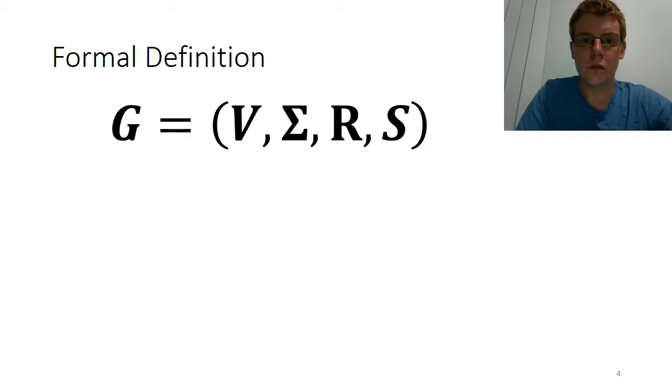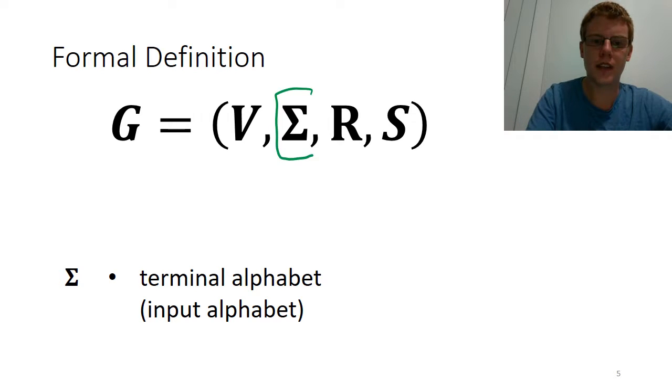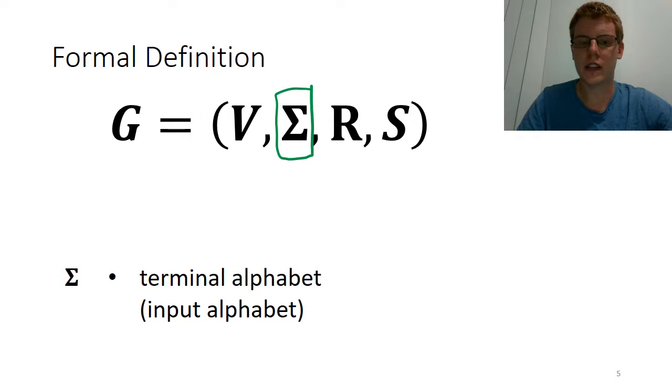So, formally a regular grammar is a 4-tuple consisting of the elements V, sigma, R and S. I'm going to define them out of order. It'll make a little bit more sense first. So the second element, sigma, is exactly the same sort of input alphabet as we have with a finite state machine.